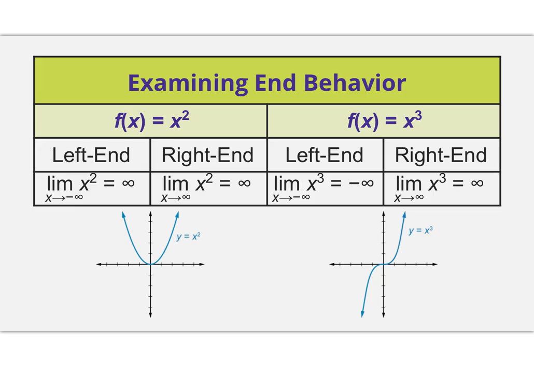When we look at end behavior, we notice that x squared had the ends of the graph going the same direction, and in fact, they were both going to positive infinity. Whereas with x cubed, the ends of the graph went different directions, one going down, one going up.